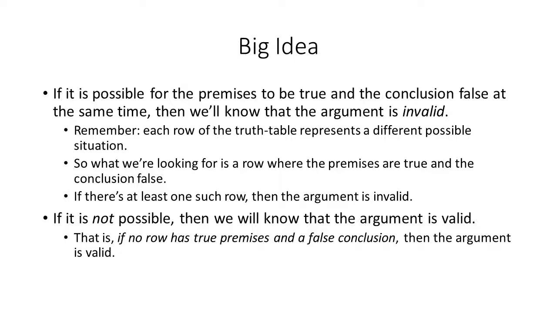If there's such a row, the argument is invalid, because it shows that it's possible for the premises to be true and the conclusion false at the same time. But if there is no such row, then the argument's valid. There being no such row shows that it's not possible for the premises to be true and the conclusion false at the same time, and that's just the definition of a valid argument.